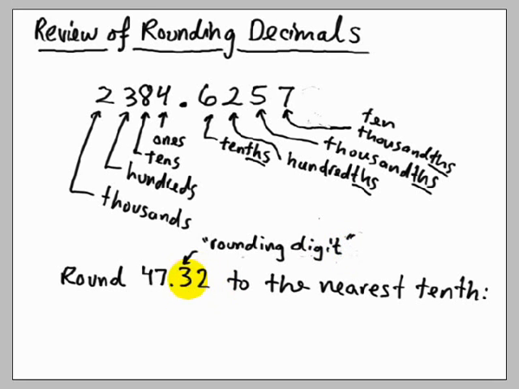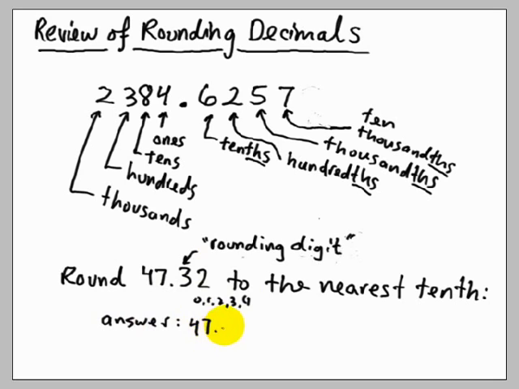What do we do with the rounding digit? Well, our next step is to look one more digit over from the rounding digit to the right, okay? So we take a look at this number. If this number here is 0, 1, 2, 3, or 4, then our answer is going to be 47.3.